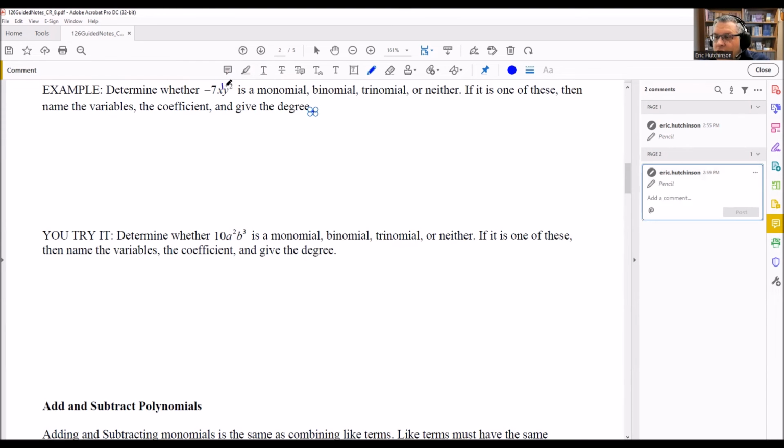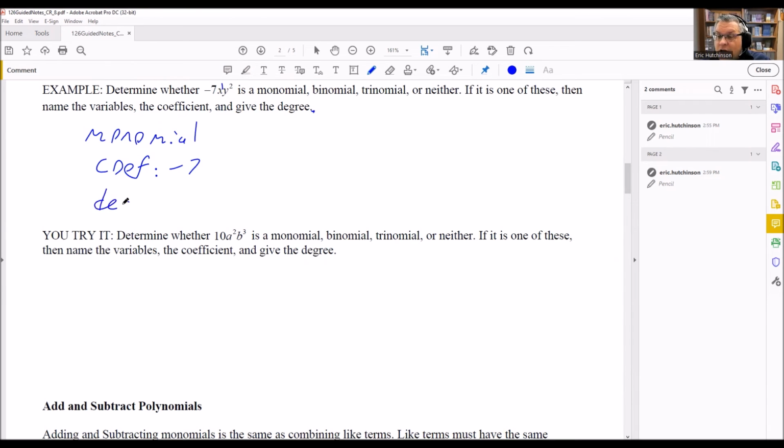Okay, so that's a 1 that would be here. So for this, it is considered to be a monomial, because it only has one term. The coefficient is going to be -7. That's the number in front of the variable.